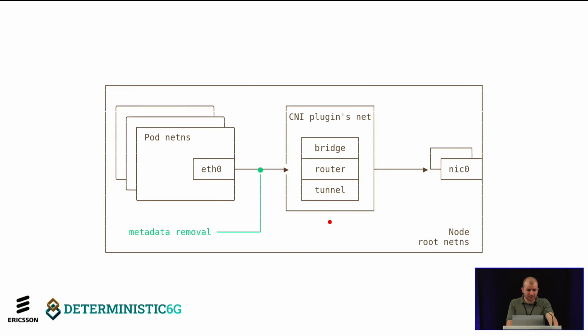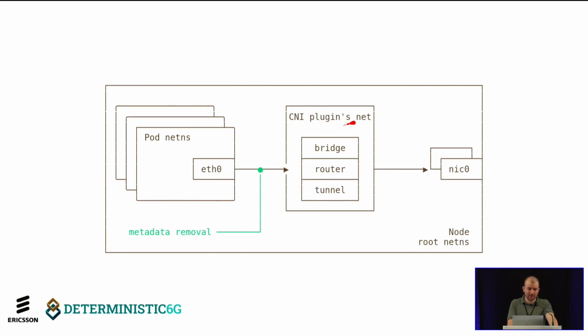Okay, and why is this important? It's important because the pods are isolated with unique network namespaces from each other and from the host network, or the root network namespace, or the node network namespace. So if we deploy an application as a microservice in a pod, metadata gets removed.